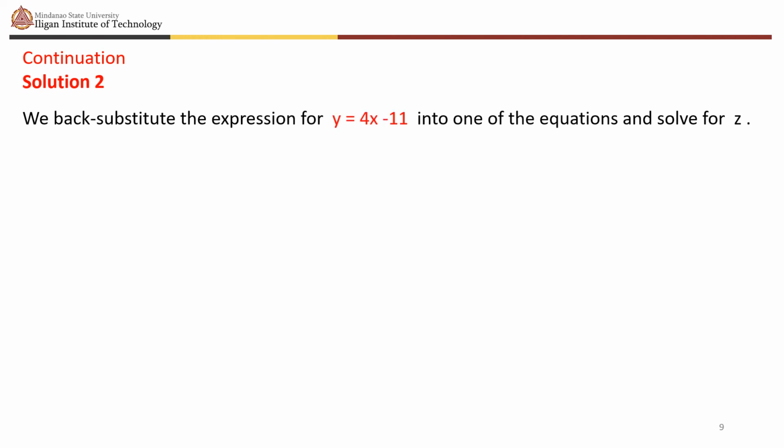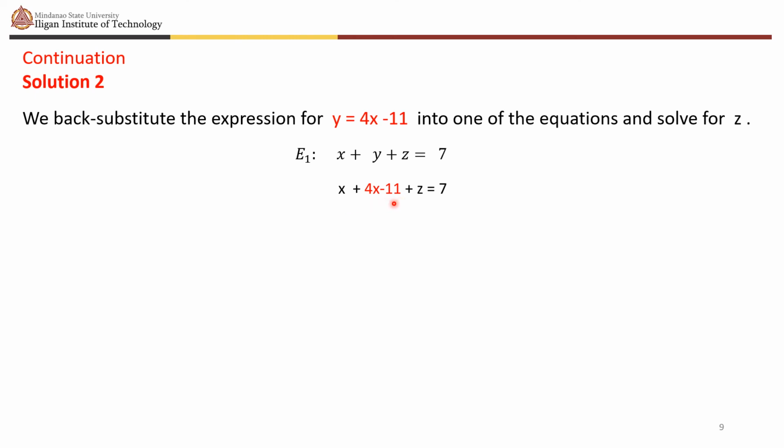For the continuation, we back substitute y equals 4x minus 11 into one of the equations and solve for z. So since our e sub 1 is given by x plus y plus z is equal to 7, then we can now substitute y equals 4x minus 11 into y here. So we have x plus 4x minus 11 plus z equals 7. But x plus 4x will give us 5x.